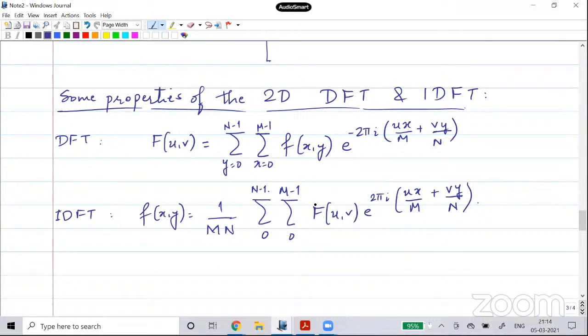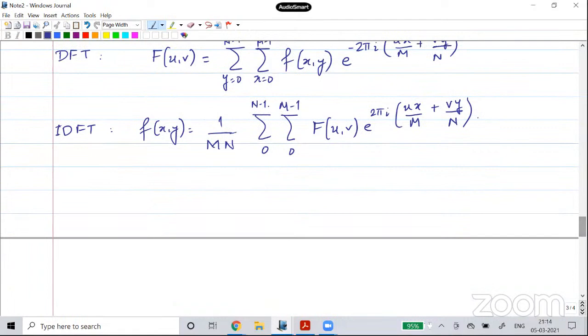So just note that u, v and x, y are both varying over the same number of samples, so the number of samples in both is going to be the same, in the discrete case. So the properties. Let me start listing them one by one. So first, translation.